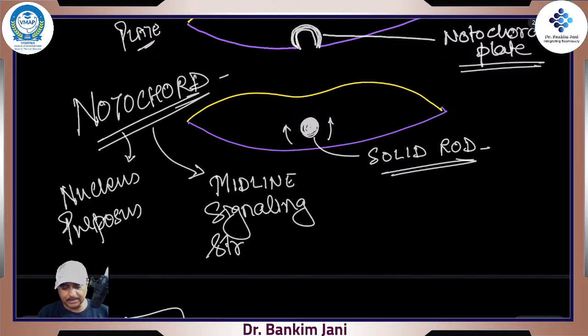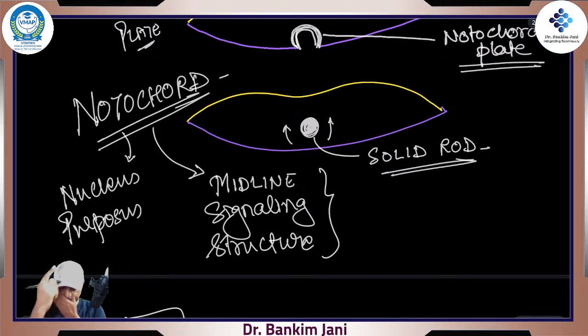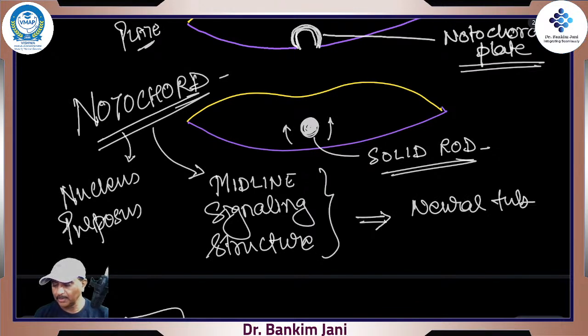Once it is formed, it will start sending signals to the ectoderm that from this point onwards you'll be called the neuroectoderm, and the process starts. That process leads to formation of neural tube and somites.